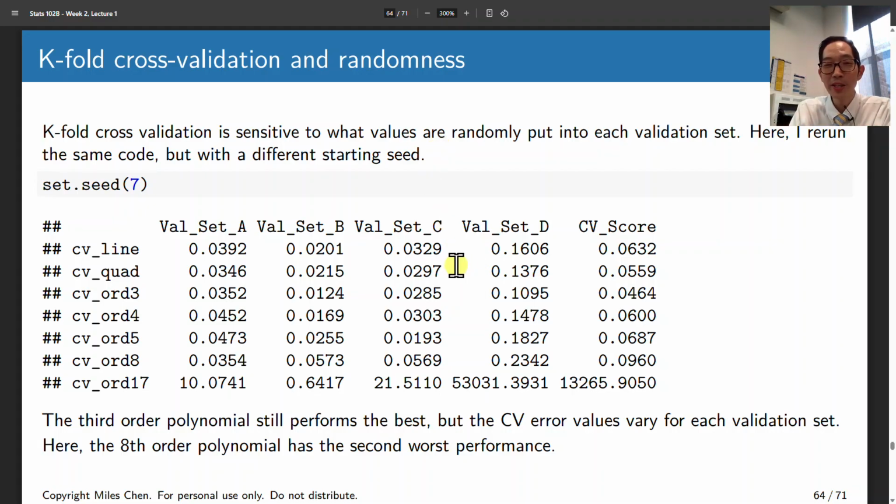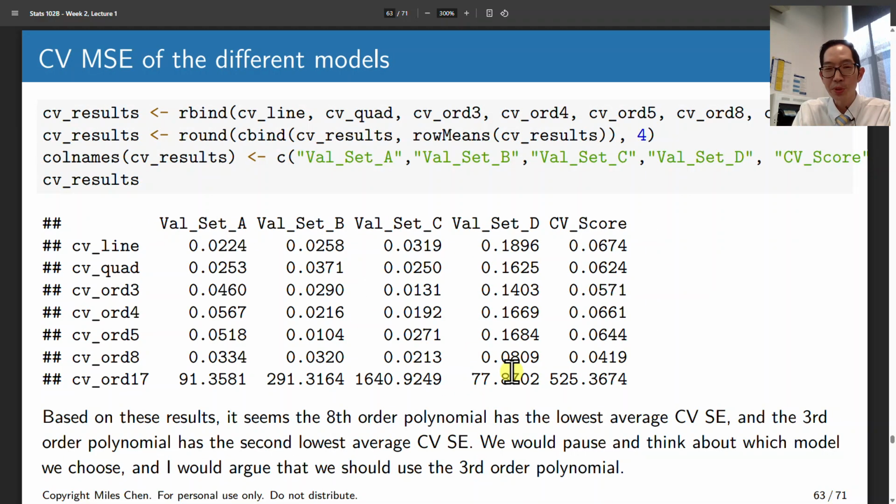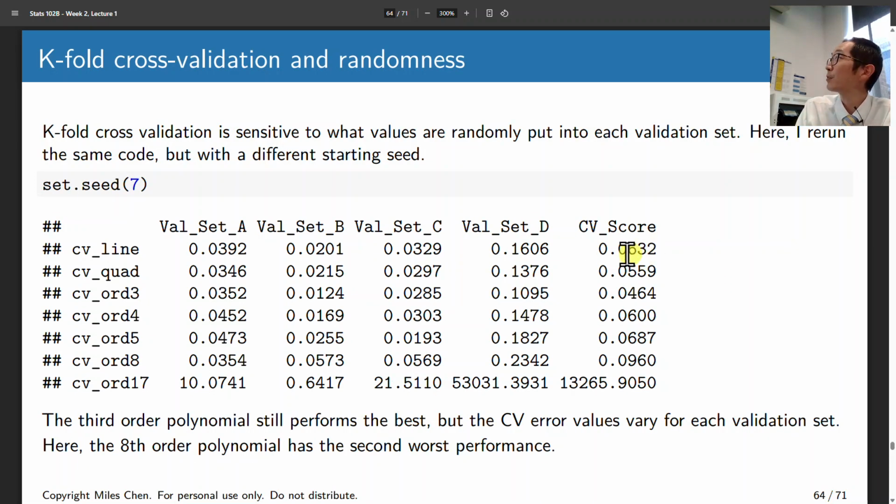And so here, if I rerun the exact same code, but I change my starting seed, you can see my cross-validation scores end up different, right? So for the average, we're looking at this last column here, and we get 0.0674, 0.0624. With a different seed, we get slightly different values, 0.0632, 0.0559, 0.0464. And here we see the 8th order polynomial now no longer performs very well, okay?